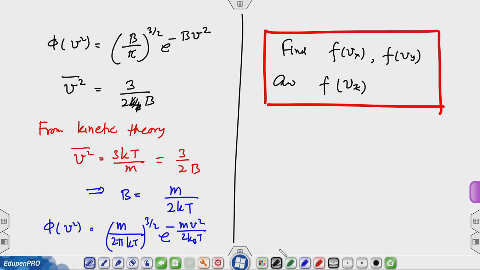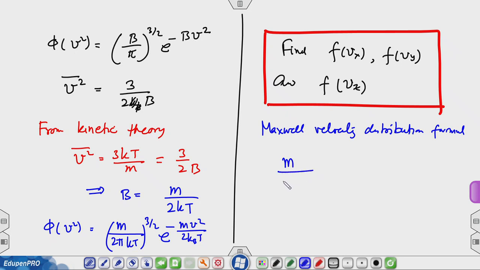So the Maxwell velocity distribution formula is that m over 2 pi kT raised to 3 by 2 e raised to minus m v square over 2 kB T, times 4 pi v square dv.